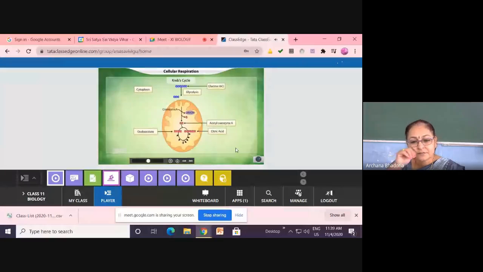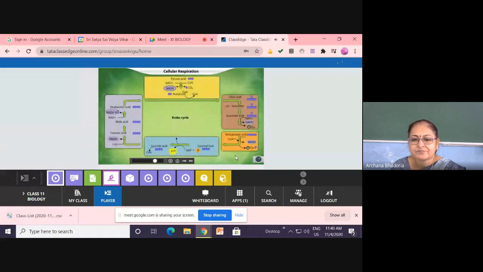Citric acid cycle. It is also referred to as the Krebs cycle, named after its discoverer, Hans Krebs. In this cycle, citric acid undergoes a series of cyclic reactions to regenerate oxaloacetate. The energy released during the cycle is transferred to cofactors such as NAD and FAD. In one of the steps, ATP is formed directly.